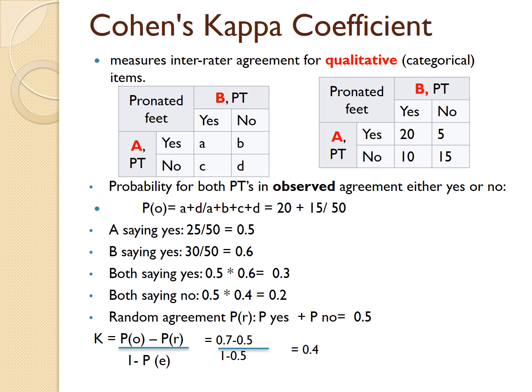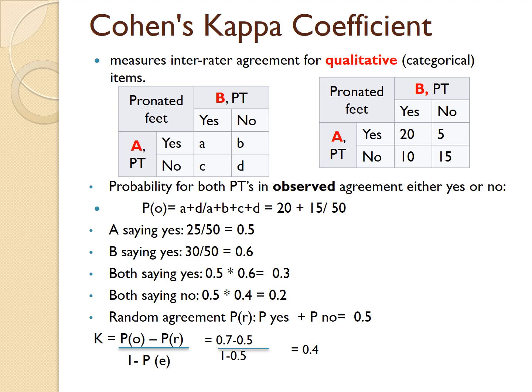So the probability of APT saying yes for pronation is 20 plus 5, that's 25 out of 50 total. And the probability of B saying yes to pronation is 20 plus 10, that's 30 out of 50, so that makes 0.6. So what is the probability that both will say yes?